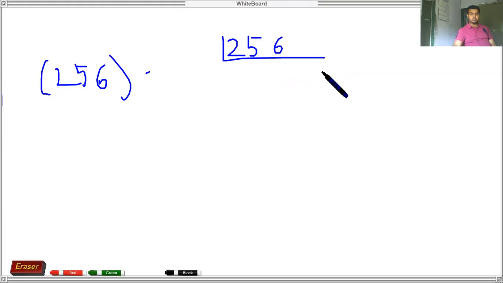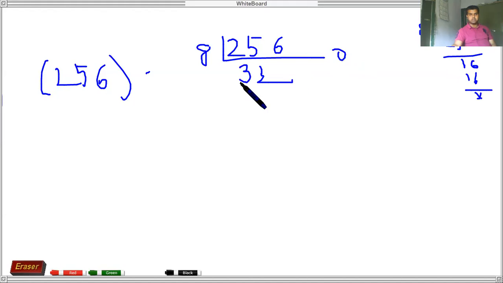Okay. Those who have got 110 is the correct answer. Now we'll divide this. You can do the rough division, 256 divided by 8. 3 eights are 24. So you get 1 as a remainder. 6 comes down. So 8 twos are 16. Remainder is 0. So this becomes 32 and remainder becomes 0.